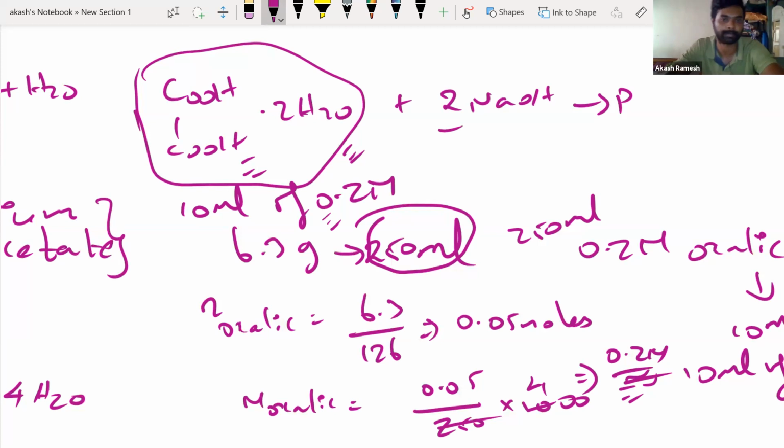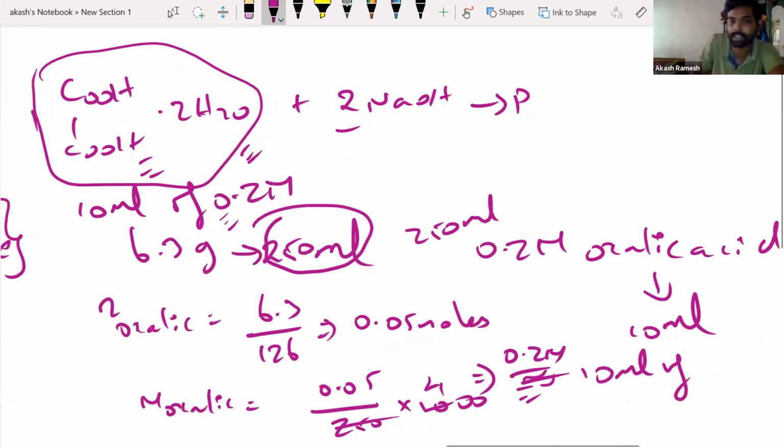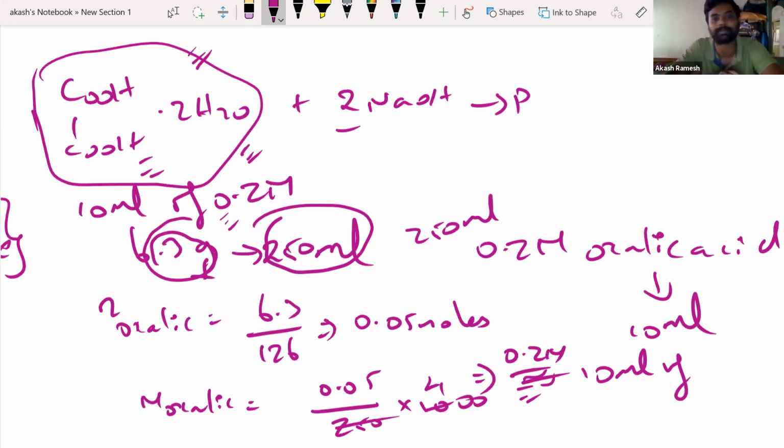Now this should be converted into number of moles again. If you did not calculate the molarity here, how will you know the number of moles? If you calculate the number of moles using the 6.3 grams, it is absolutely wrong, because 6.3 grams is there in 250 ml, but what I need is only 10 ml out of this.